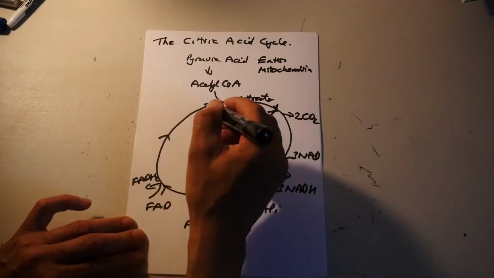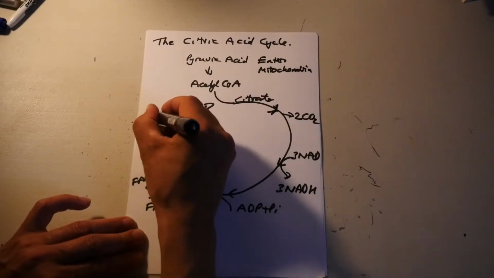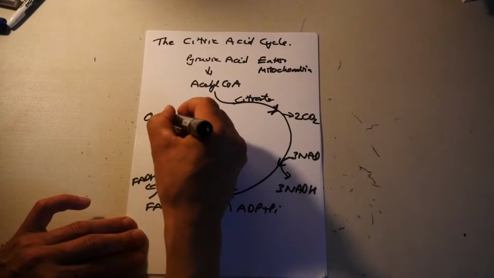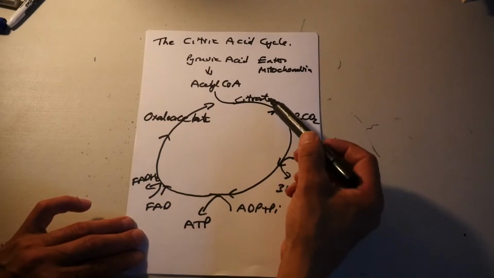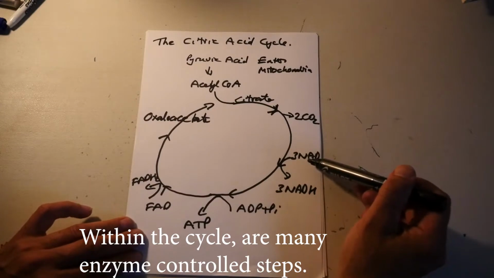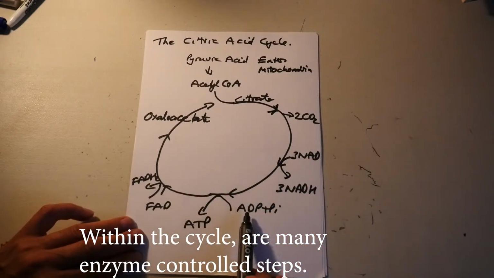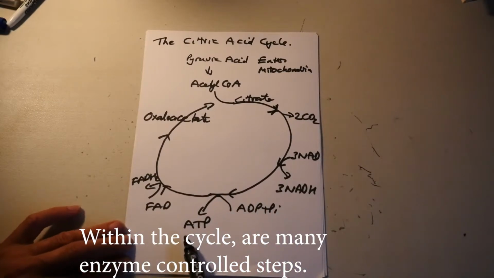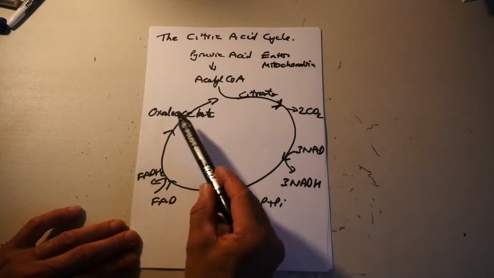And then the oxaloacetate molecule is brought in here. That then joins up with acetyl-CoA to form citric acid, and then again it cycles. 2 CO2 is released, 3 NAD are hydrogenated to 3 NADH, adenosine diphosphate plus inorganic phosphate are joined together to form ATP, adenosine triphosphate, and FAD, flavine adenine dinucleotide, is hydrogenated, and then it goes back to the beginning again.